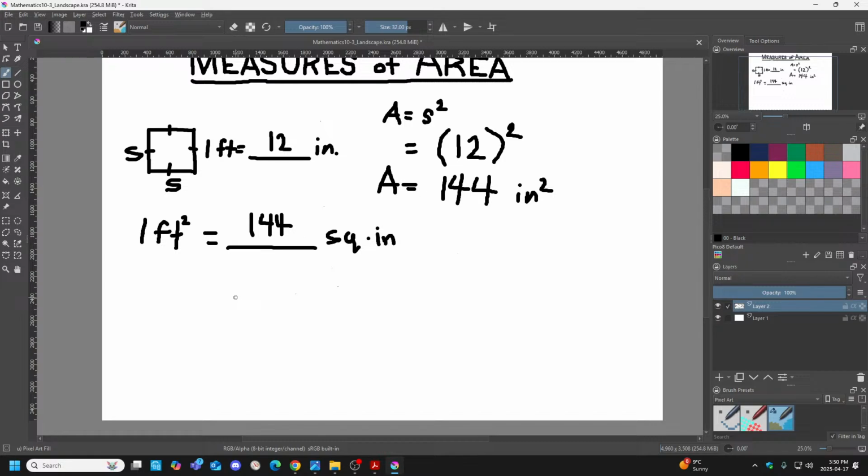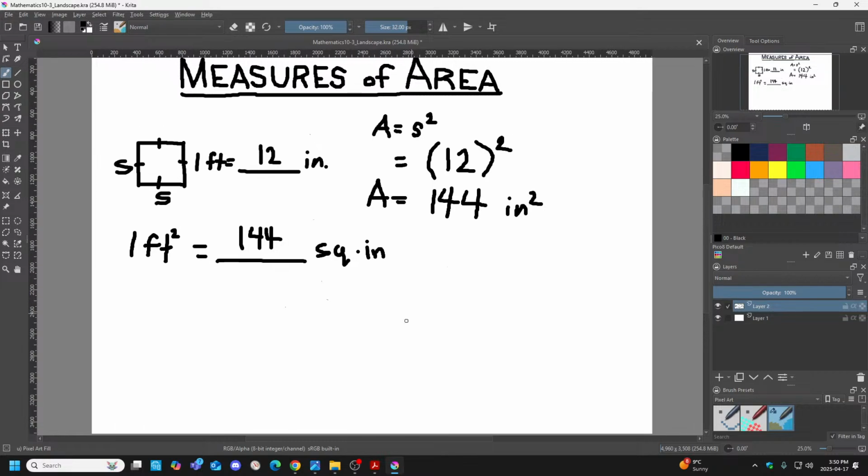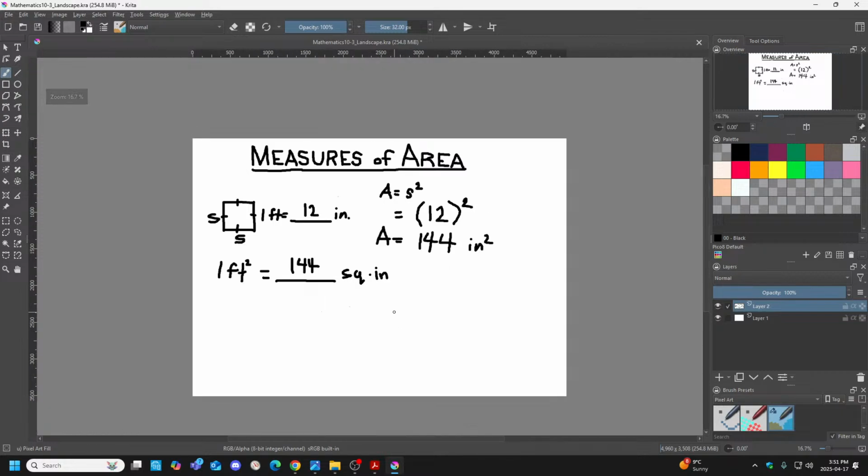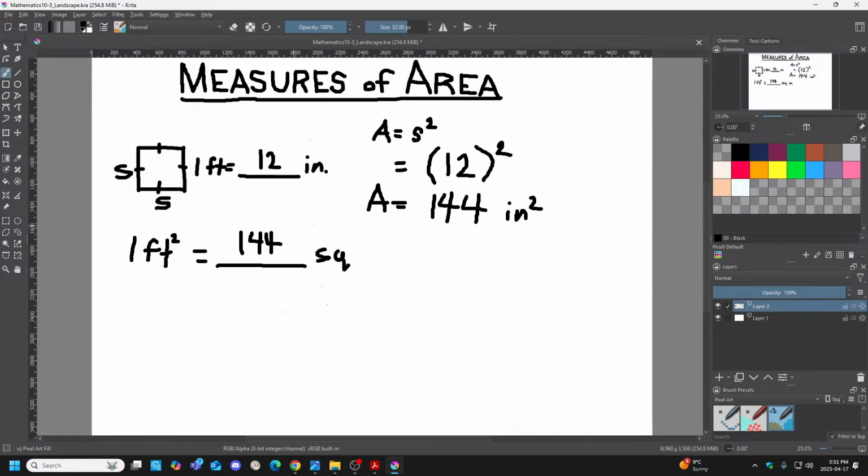Yeah, conversion factor. We just created our own conversion factor, right? And I just explained to you, okay, why we don't use 1 foot squared, right? I hope you understood that. I think the way I showed it explained it pretty well.